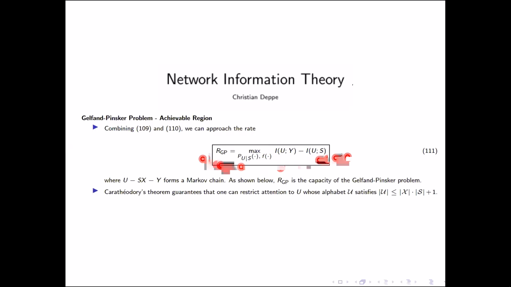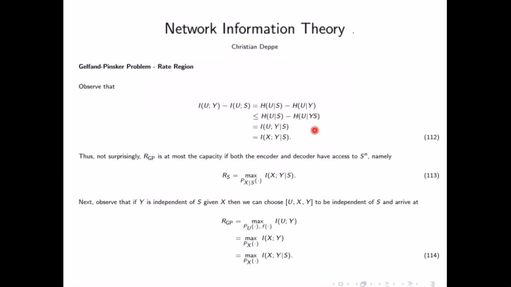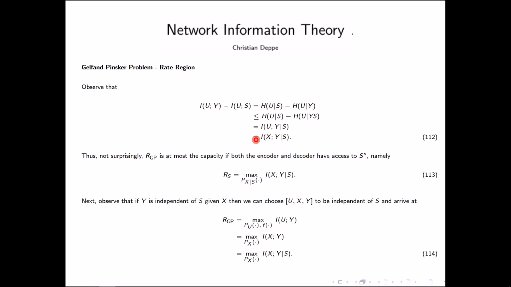But before that, I want to remind you, we already looked last time at some special properties. You see, I can write this difference also in this way, if I estimate here the entropy by adding here a condition.